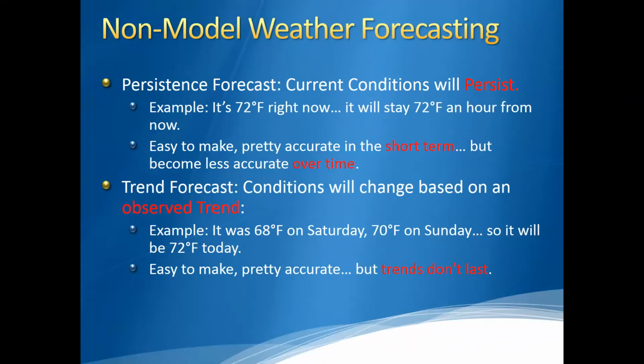If you make that trend out over a few weeks, you then get unbelievably high temperatures. If you did the same thing for a decrease in temperatures, you'd get unbelievably low temperatures. A trend would basically cause these numbers to go off to infinitely high or infinitely low numbers. So trend forecasts are also really only good for the short term.